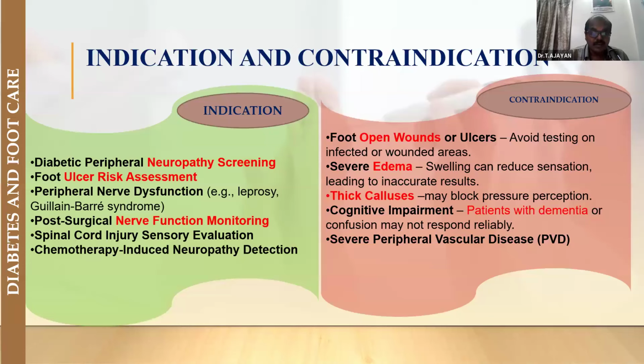The contraindications: if the patient has open wounds or ulcers on the foot, or severe edema, the monofilament test cannot be done. Thick callus on the foot also blocks pressure perception, so it is not reliable. These are the areas to concentrate on. In severe peripheral vascular disease also, the result shows negative.